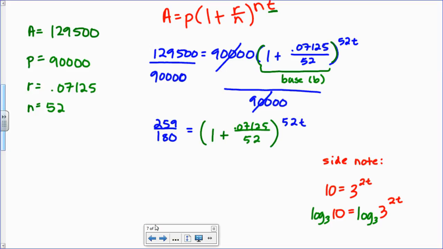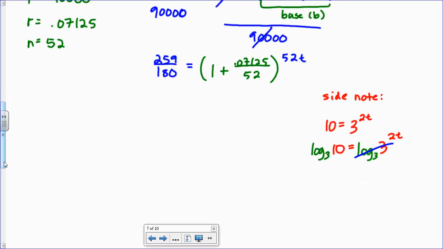Because when I do that, I can cancel that and bring the 2t down, and then I can get t by dividing by 2.